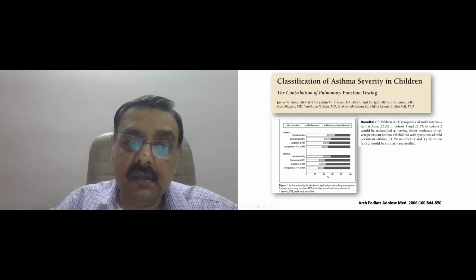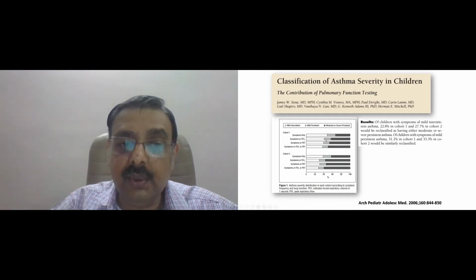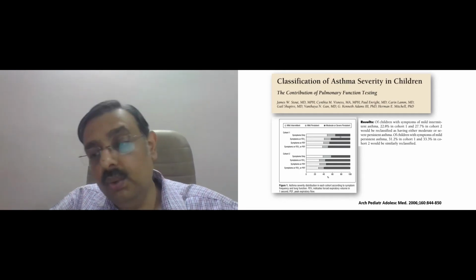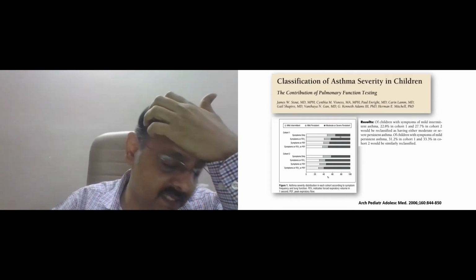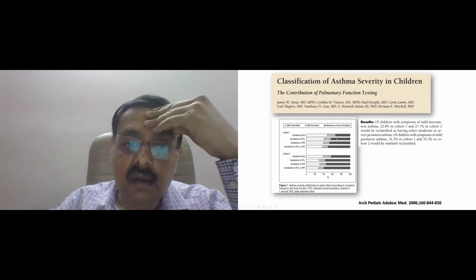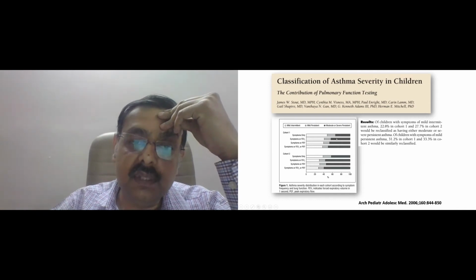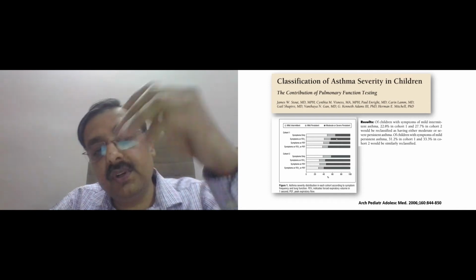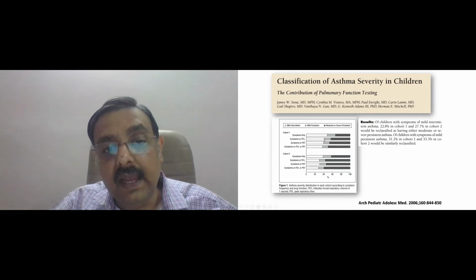Now, when you add lung function to it, you can see that the number of patients having moderate or severe persistent asthma would be higher because they are reclassified based on the obstruction on lung function. And similarly, there would be more patients in the mild persistent group as well.